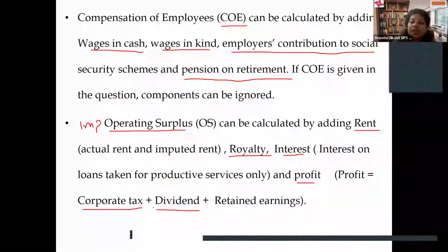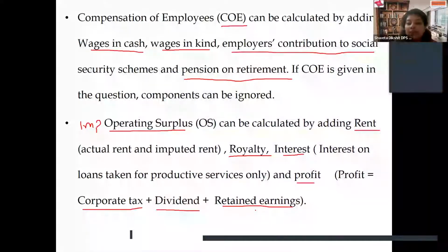So that profit share, which is given among those investors, is known as dividends. Then come retained earnings. Retained earning is the part of the emergency fund or the savings of the firm, which is kept aside for future use. This can also be used for reinvestment in new projects and new schemes.